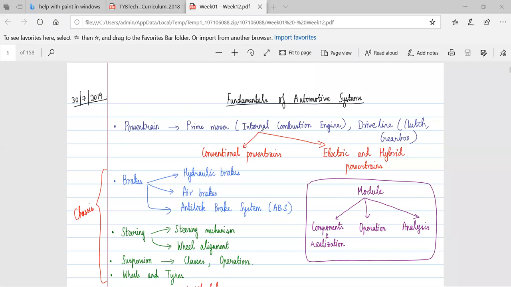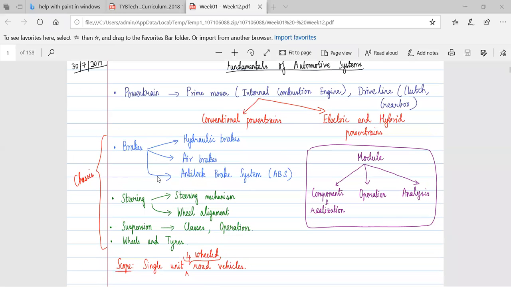While driving, there are two parameters controlled by the driver: the clutch and the gearbox. These two are the major control parameters of the engine. Then we have one more system, which is called brakes.